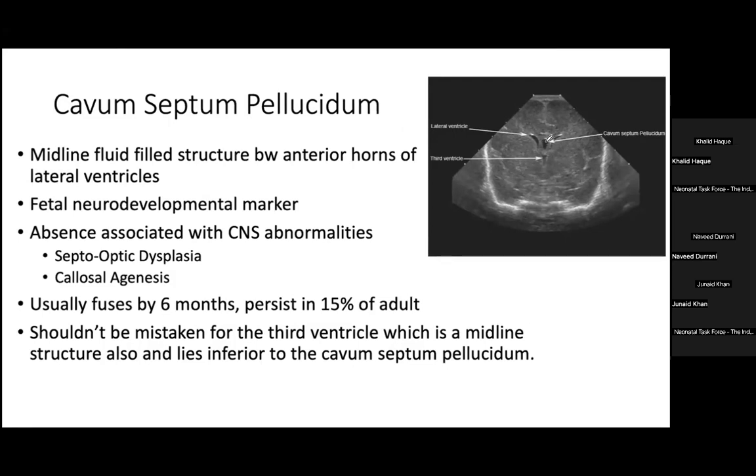If it is absent, always suspect septo-optic dysplasia and callosal agenesis. Usually it fuses by 6 months of age. Sometimes, in 15%, it persists in the adult. And it's very important that we should not mistake it for the third ventricle. The third ventricle lies below the septum pellucidum.